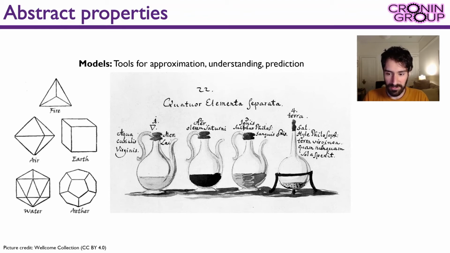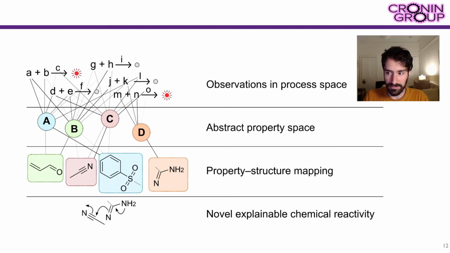So we decided to take on this simple model of chemistry, essentially coming up with a plan where we do a whole bunch of different combinations, and you can see in this figure, some of them lead to reactions, the red dots, and then some of them just don't do anything.